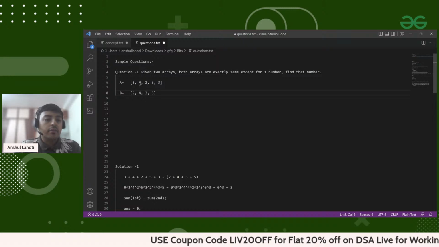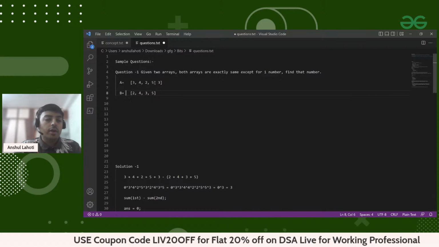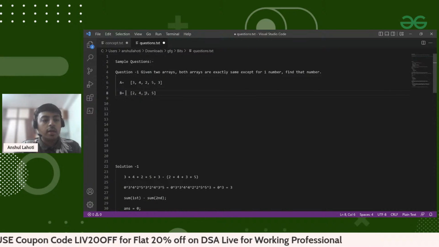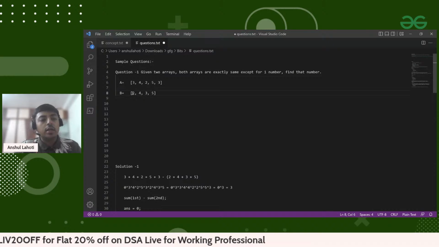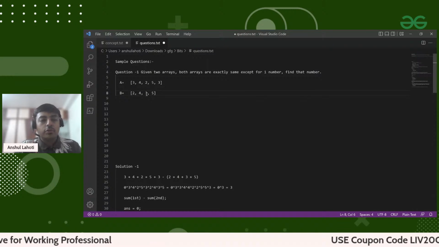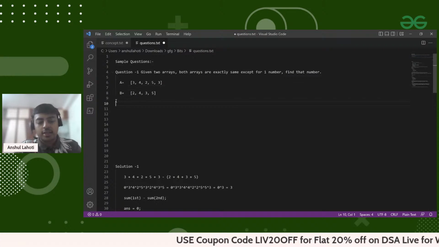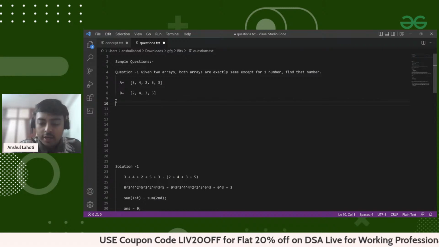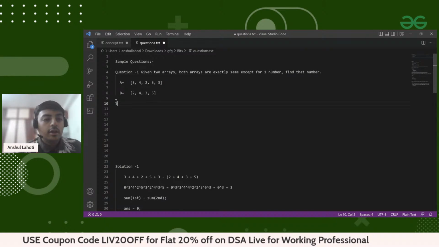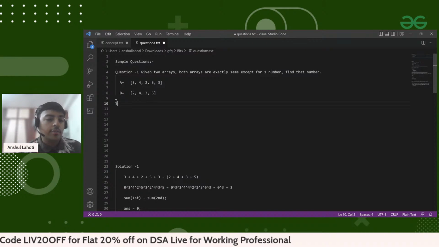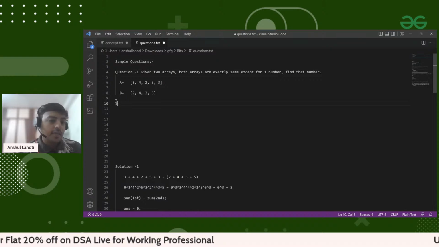Same way, we have 1 time 4 and 1 time 5, but in array A we have 2 times 3, and in array B only 1 time 3. So the basic intuition is that the output will be 3, since we have one less 3 in array B. So, output will be 3.